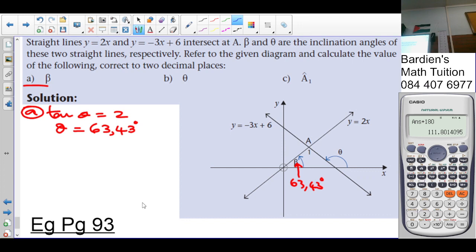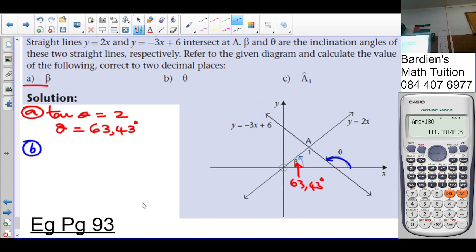Next, it wants you to work out theta. So how are we going to calculate theta? We need the gradient again. What is the gradient of that line? Negative 3. Where do we get that from? From this. Remember, that's in the form y = mx + c. So your gradient is negative 3.